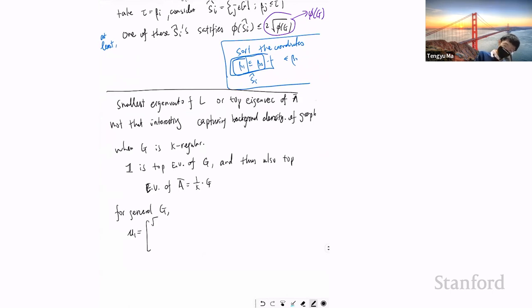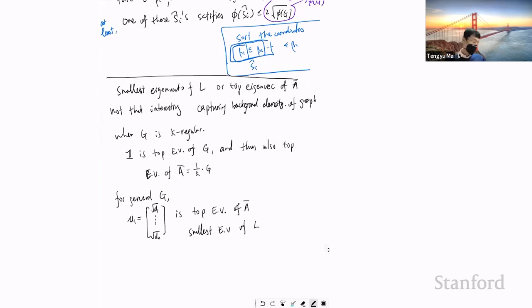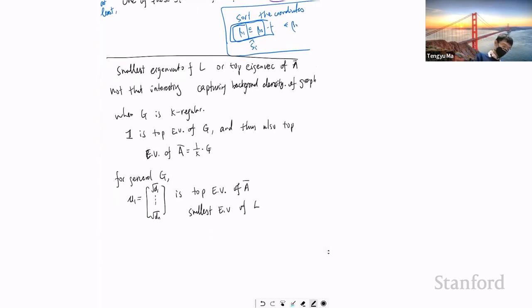For more general G, the top eigenvector is this one: square root d1 up to square root dn. The scaling doesn't matter here, because any multiple of an eigenvector is also an eigenvector, so I don't care about the scaling. So this is the top eigenvector of A bar, which means the smallest eigenvector of the Laplacian. Why is this the case? You can verify this relatively easily.